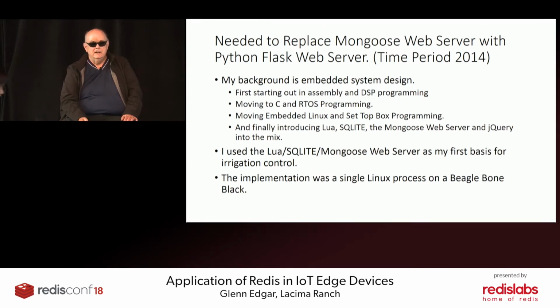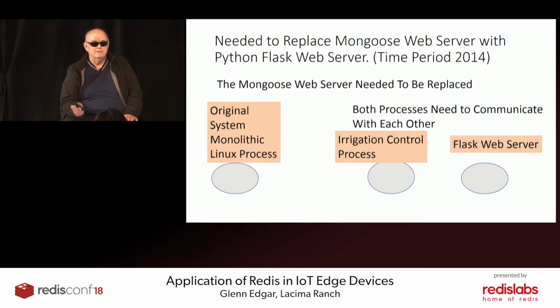I had a single, monolithic Linux process, and I was using a Mongoose web server, which for its time was very respectable. But they changed directions, and now I have to bring in a Flask web server. Or it could have been Node.js, but I'm a Python programmer. And now I have to get it into the irrigation process control.